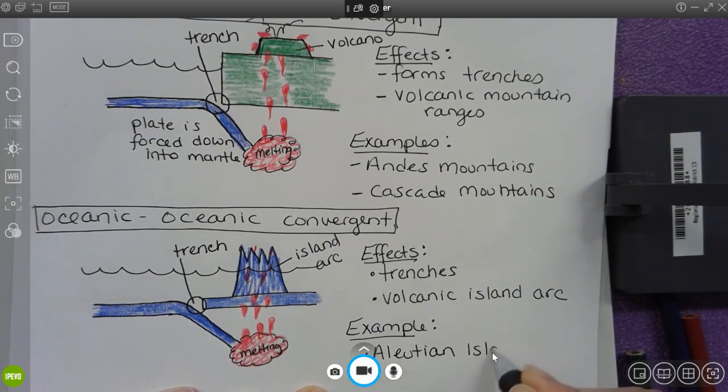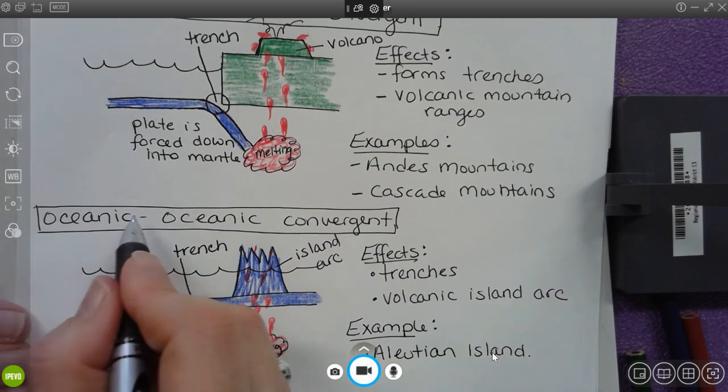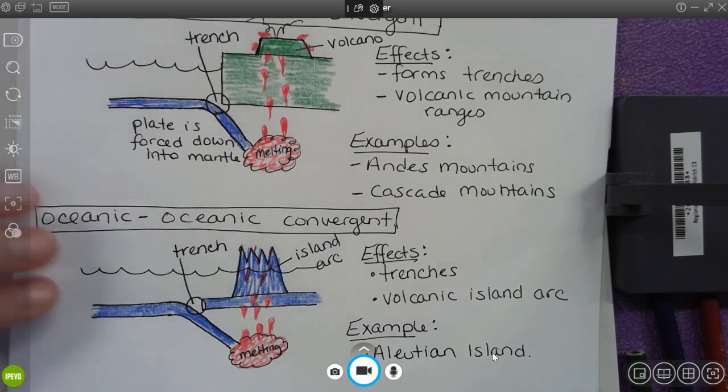And again, not going to really go into the details or into the examples just yet, but we will. All right. So very similar to the continental oceanic, it's just that one of them happens underwater and ends up forming an island as opposed to the other one that forms more of a coastal volcanic range. So those are our 3 convergent boundaries.